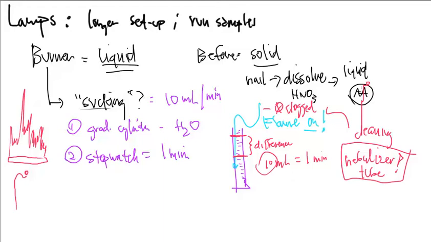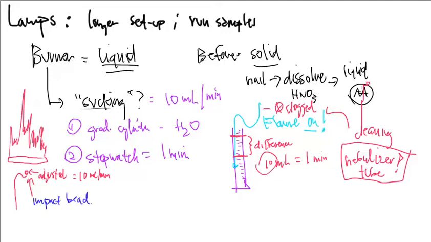So just track the plastic tubing, the nebulizer tube, up, and then you'll see a round knob that sits there below the burner head. That round knob can be adjusted. And you would turn it up or turn it down until you can get 10 milliliters a minute. This knob has a proper name, and the knob is called the impact bead.